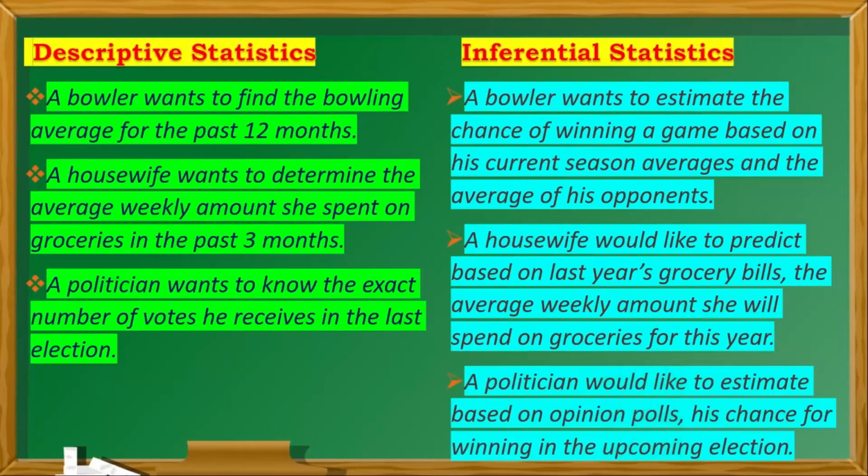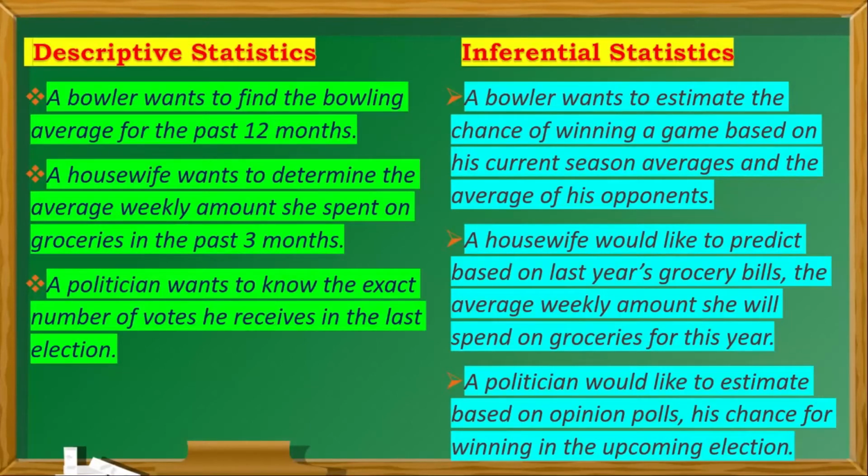So ano pa? A politician would like to estimate based on opinion polls his chance for winning in the upcoming election. So you're using the past result to predict the next result. Ganun yun. Ganun yung inferential. Ganun yung difference ng descriptive at inferential statistics.